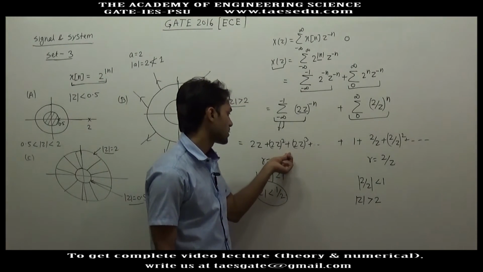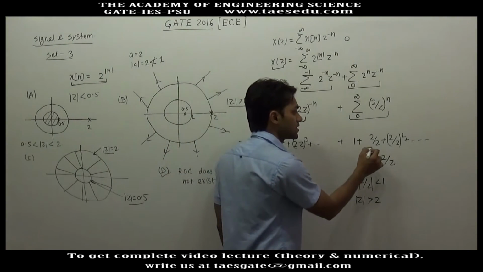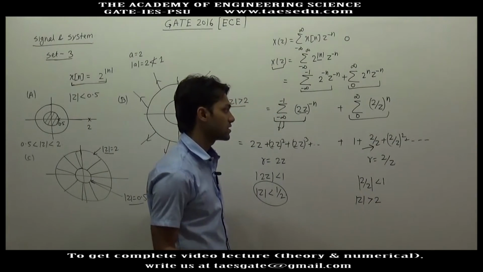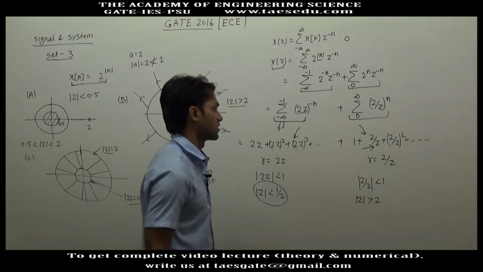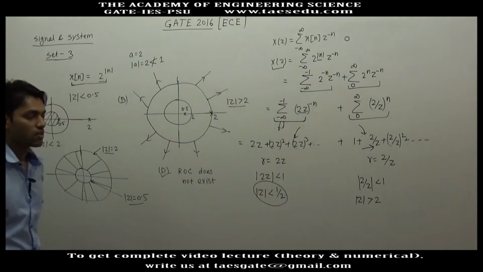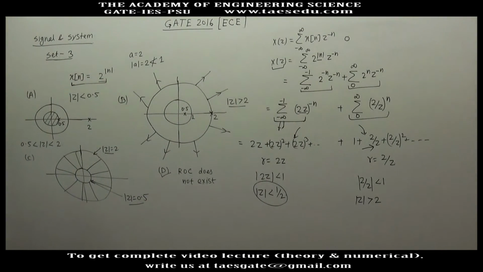So when this series converges, the other series will not converge, and if the second series converges, the first series will not converge. This way you will not get any ROC. You will get no ROC for the convergence of the Z transform.